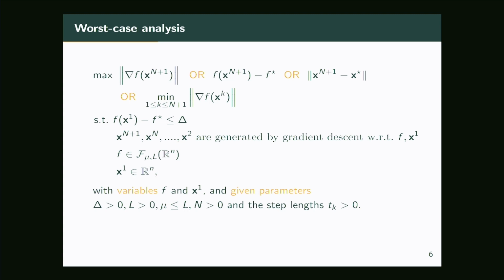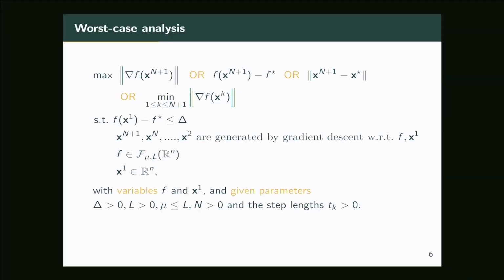So we can think of different objectives that we might have if we perform n iterations. So we would like the gradient norm of the iterates to converge to 0.